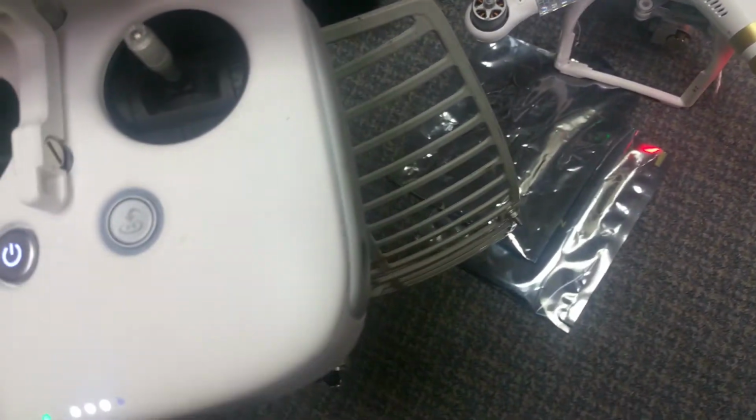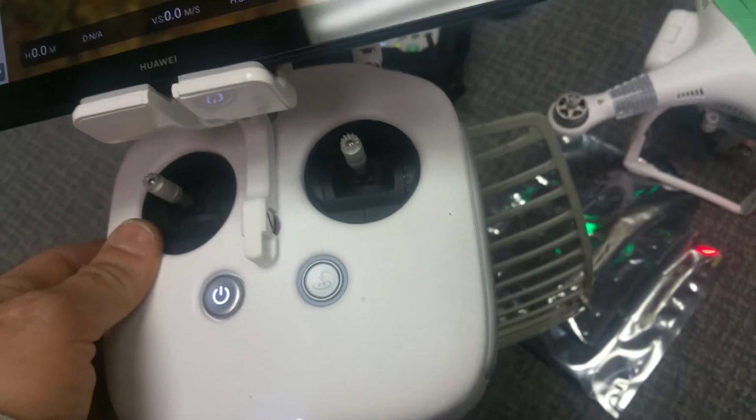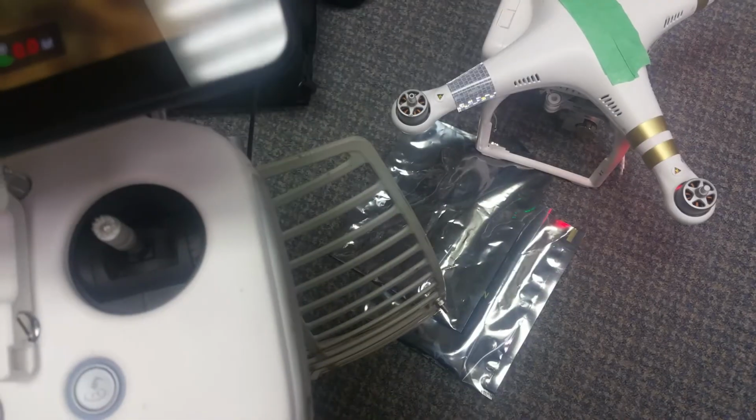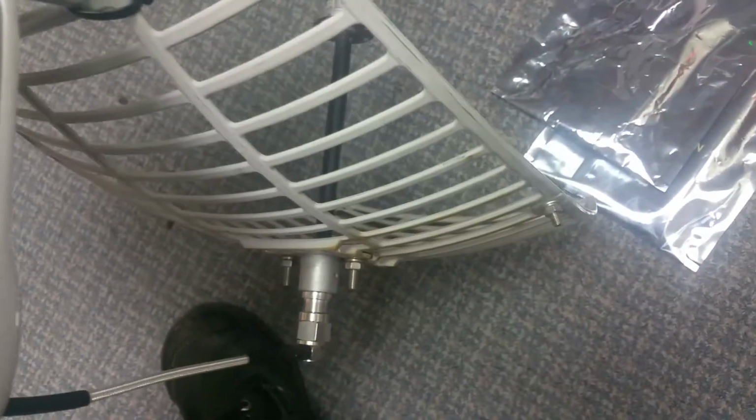That's the idea. So I think it's better to have a strong signal between the remote controller and the aircraft instead of having a strong radio link between the camera IP network and the controller. Another thing is, at 2.4 gigahertz the antenna would be way bigger.